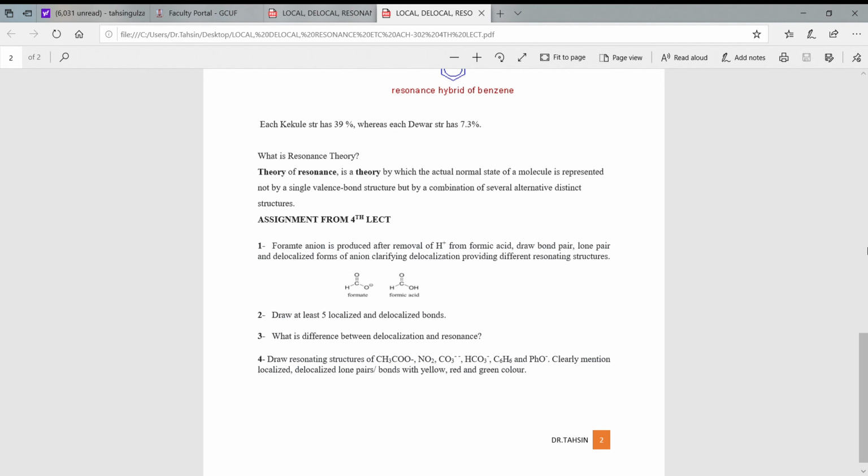You can use this for lone pair delocalization in acetate, and for double bonds in benzene. Clear? Delocalized double bonds or single bonds. So I hope you will enjoy this lecture and carefully solve your assignment, inshallah.